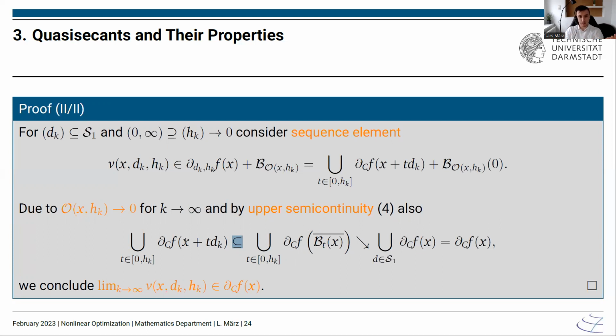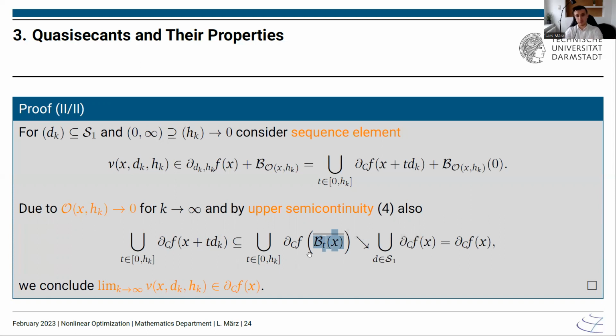It is essentially a ball, because we have this direction dk and all the lengths between 0 and hk. So we can make this set larger by taking more inputs, namely the closed ball of radius t.